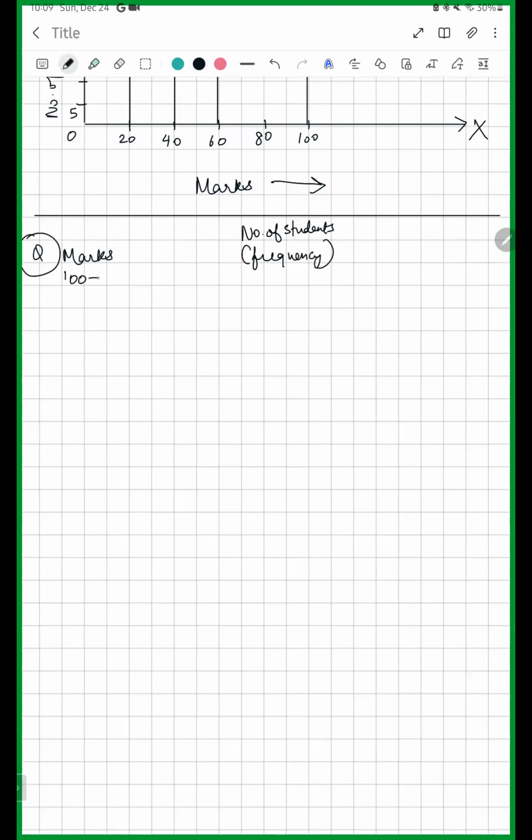Marks: 100 to 150, 150 to 200, 200 to 300, 300 to 500, and 500 to 800. Then frequency: 60, 100, 100, 80 and 180.